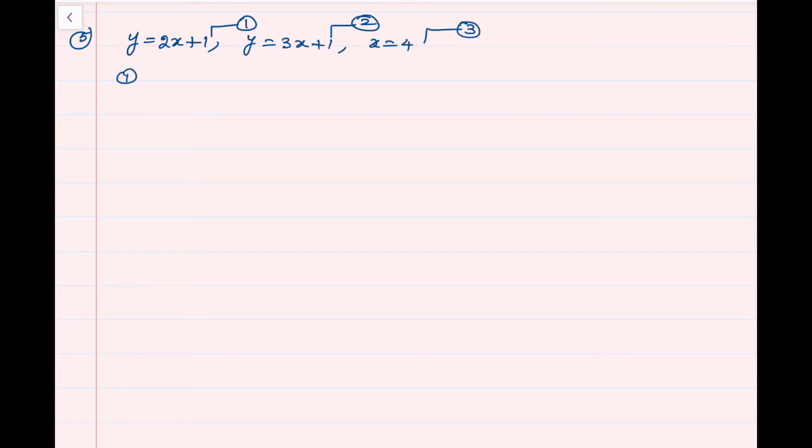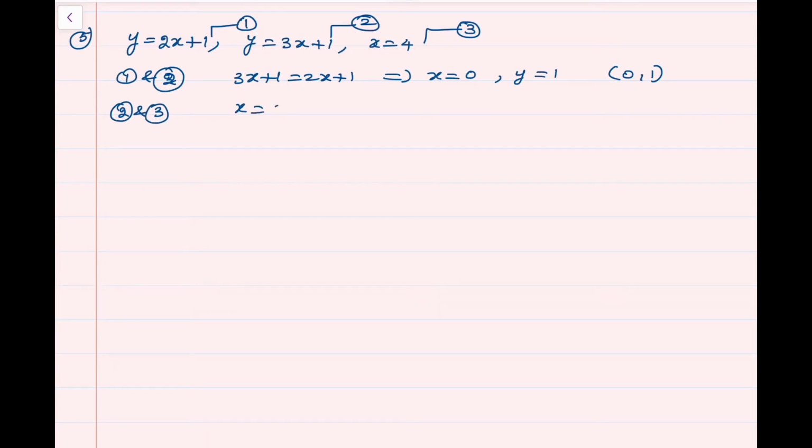Let us solve 1 and 2. Both are y, let us equate them. Therefore, we get x is equal to 0. If x is 0, y will be substitute in the first equation or in the second equation, we get 1. Therefore, 0, 1 is one point of intersection. Now, let us solve second and third.